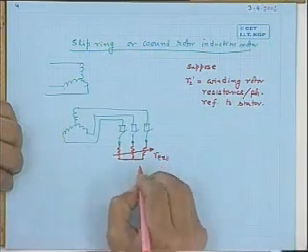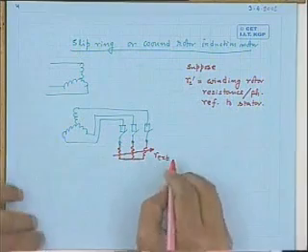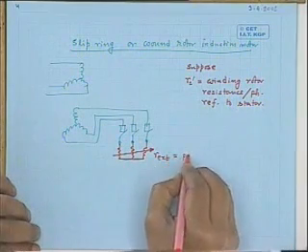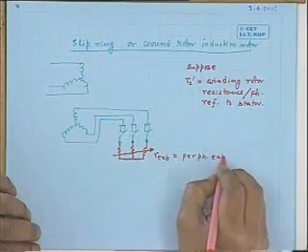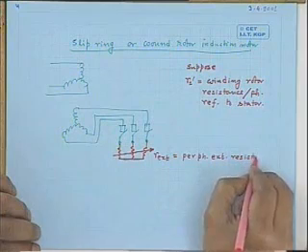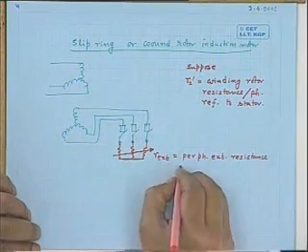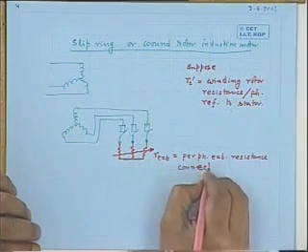Suppose R external is the actual external resistance per phase connected on the rotor side.